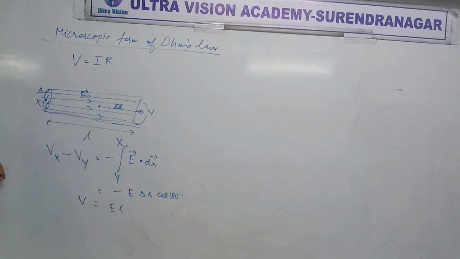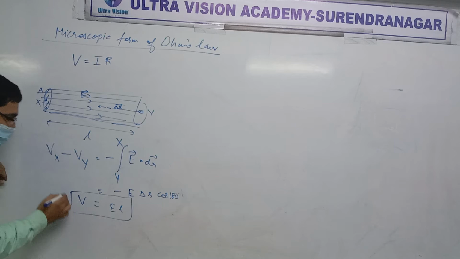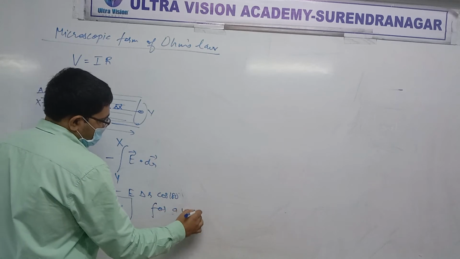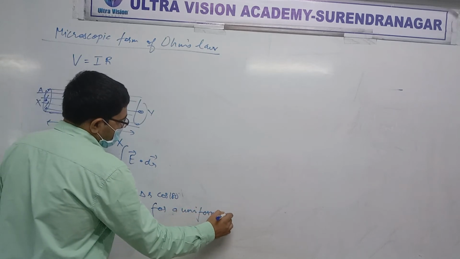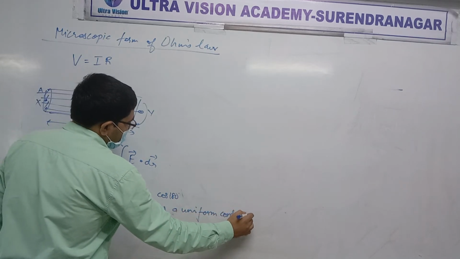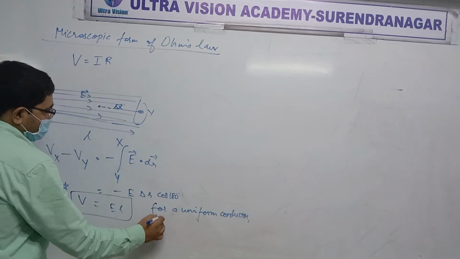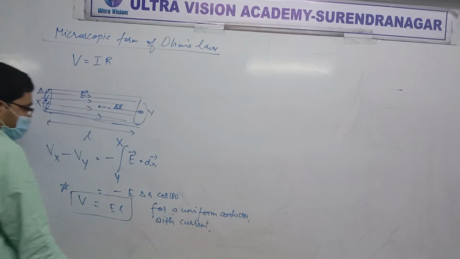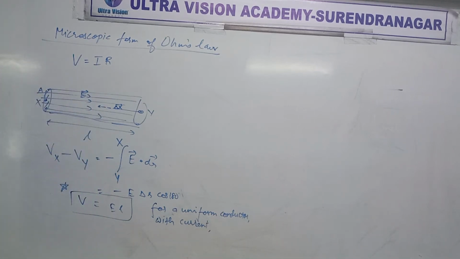Please remember this: for a uniform conductor with current, V equals E times L.